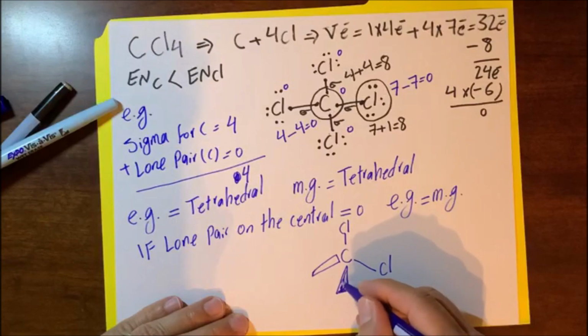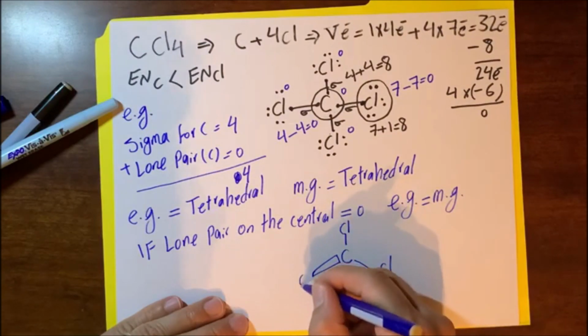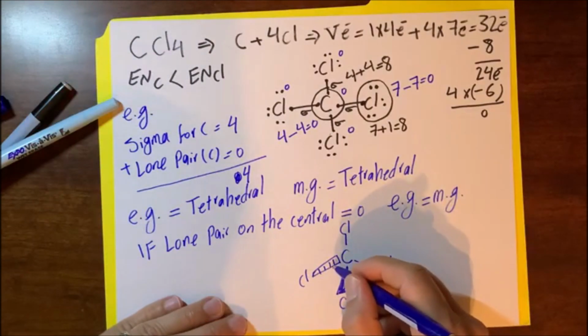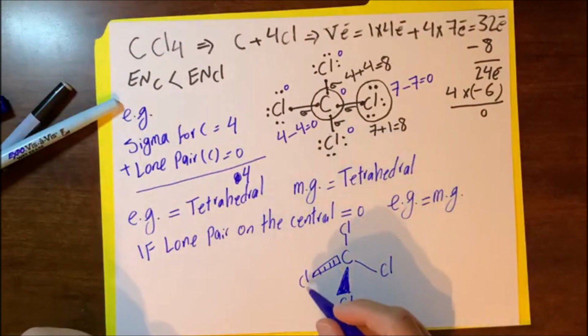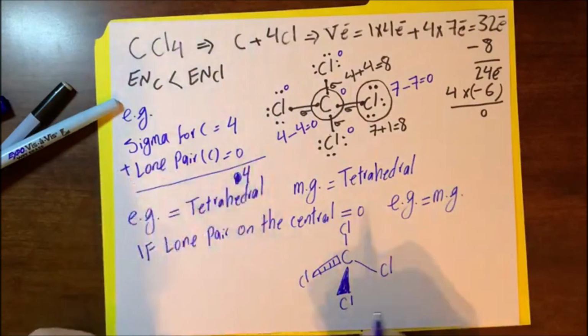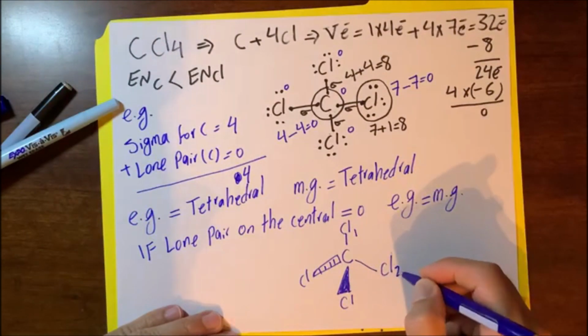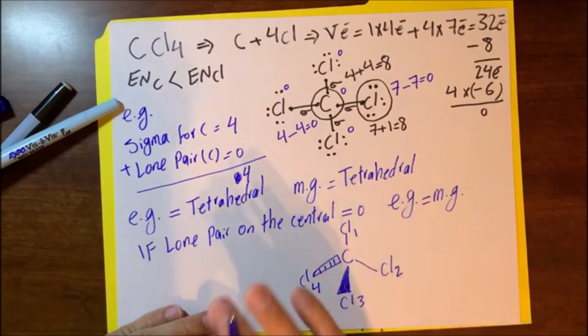So we make this one bold, put the chlorine here, and that one usually we put a dashed line. So this chlorine is back of the screen. So 1 and 2 inside the screen, 3 out of the screen, and the 4th back.